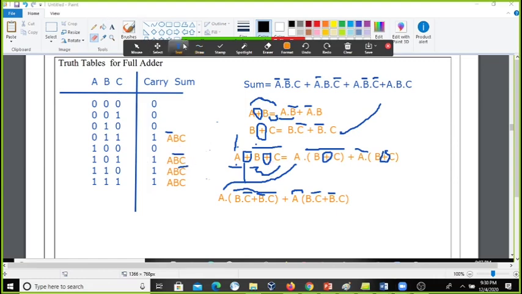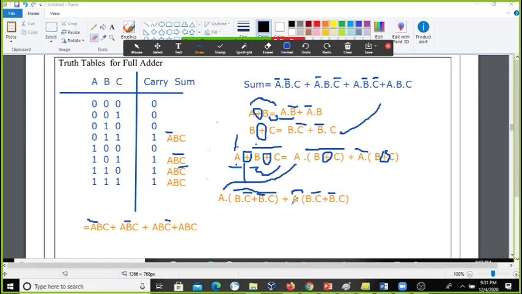Therefore you get the expression equal to ABC, ABC, ABC and ABC. So you have this, then here we have the A bar, and here the B bar, and here the C bar.